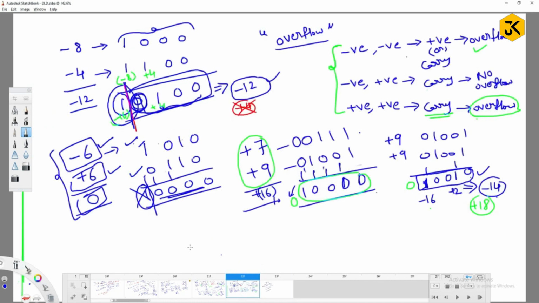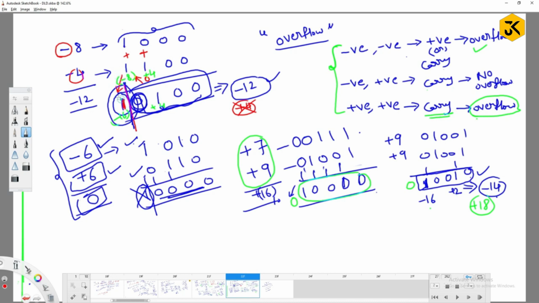Try to take this example. I am trying to add two negative numbers. This is okay. Here, when I am trying to add the last two numbers, 0 and 1, I am going to get 1. Is there any carry in provided? No. Means it is 0. And when I am trying to add 0 plus 1, what are you getting? 1 carry, that is 1.